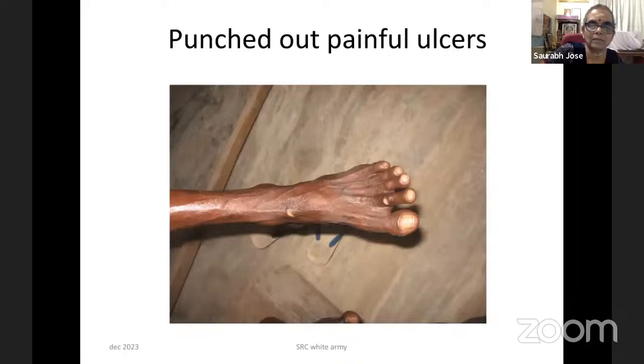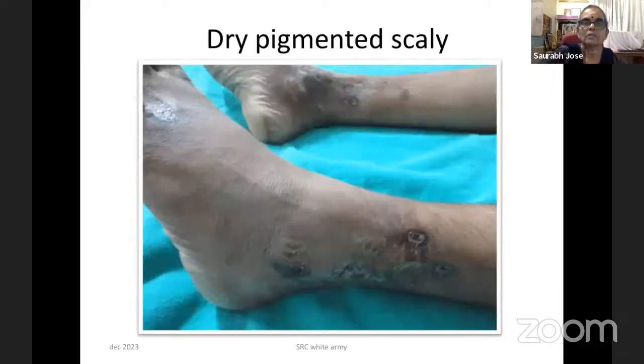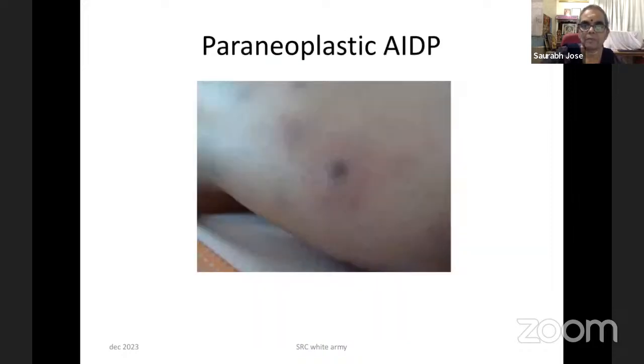Painful punched out ulcers. Very clear, because they are infarctions, cutaneous infarctions. So with painful punched out ulcers, you see, your patient is suffering from vasculitis. This is Hansen's disease: the resorption, pigmentation, and this kind of ulceration. This is autonomic involvement, depigmentation, hyperpigmentation.